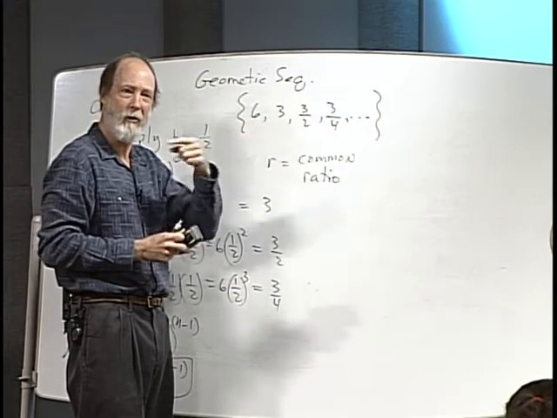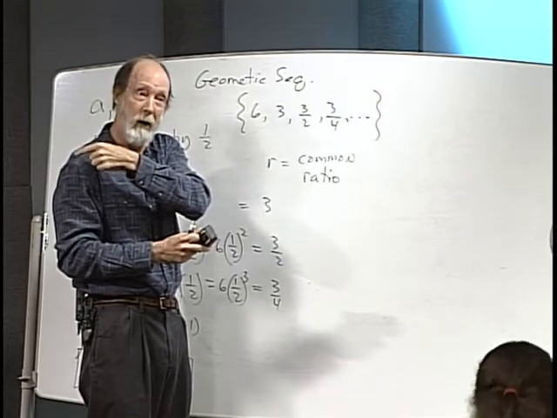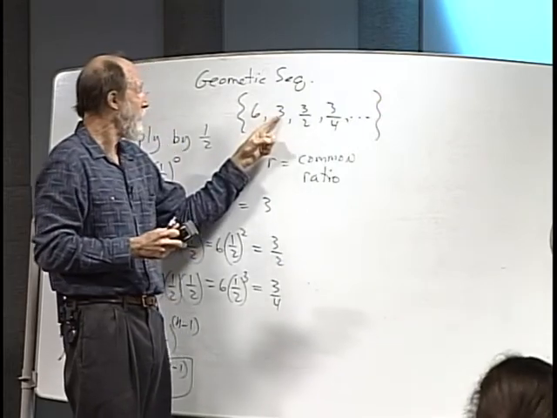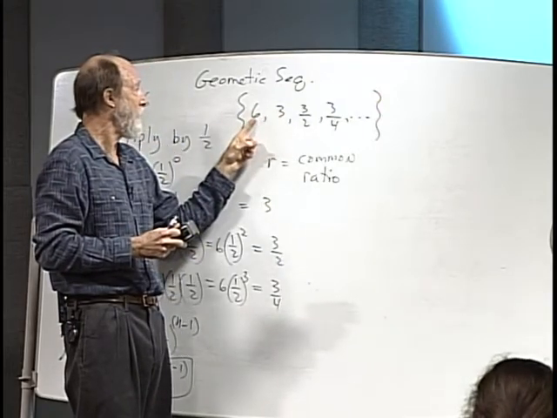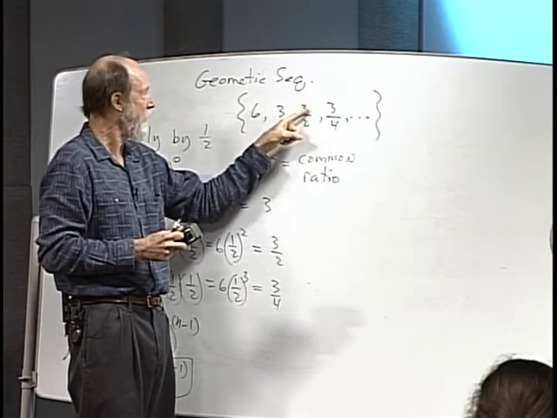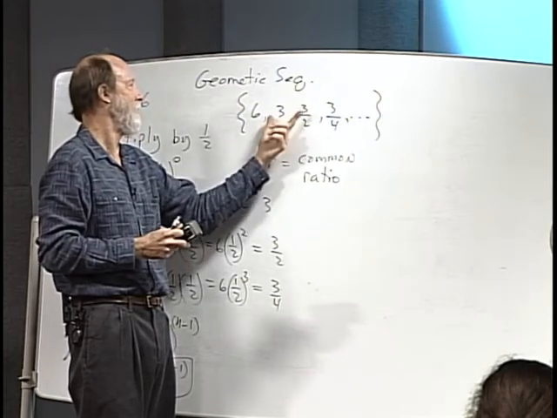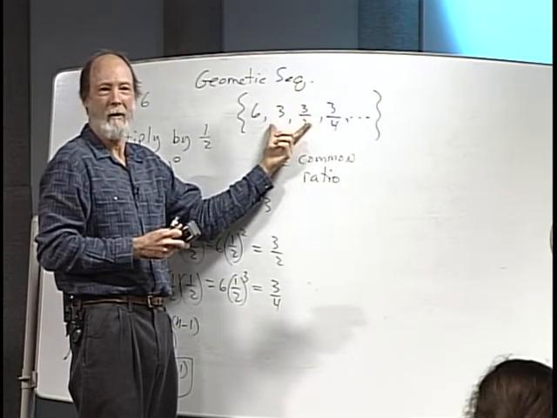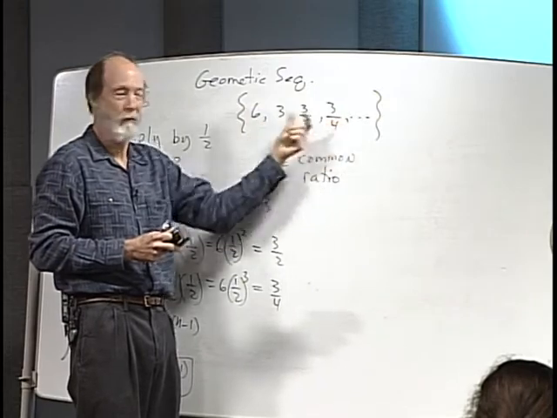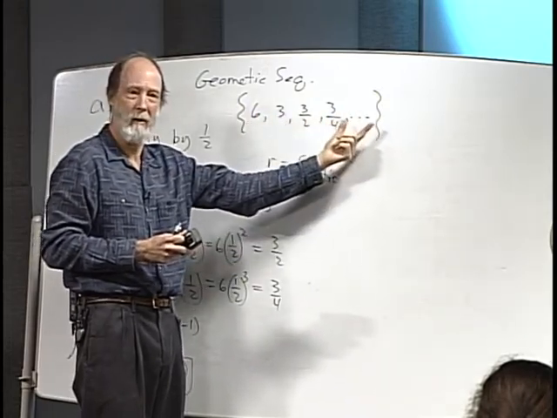Remember what we called that d earlier? We called it the common difference, or slope, right? So if I took 3 and took away from it 6, I would have negative 3, and then I see if that exists between 3 halves and 3. 3 halves minus 3, no, that's not negative 3. So this would not be arithmetic because there's no common difference that exists between pairs of terms.